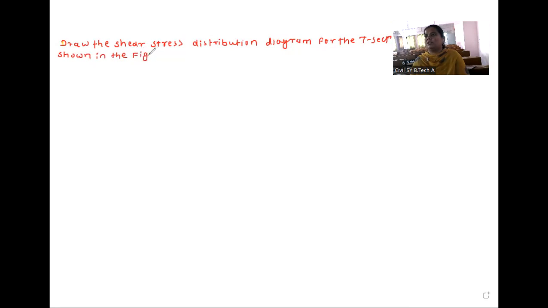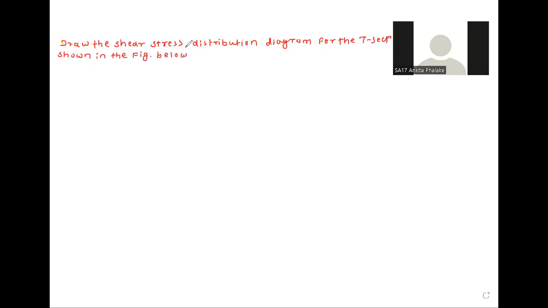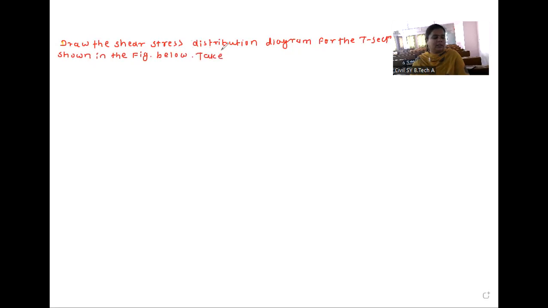Take shear force of 1000 kilonewton. So here the shear force is given and also the T section is given, so I will draw the figure here.